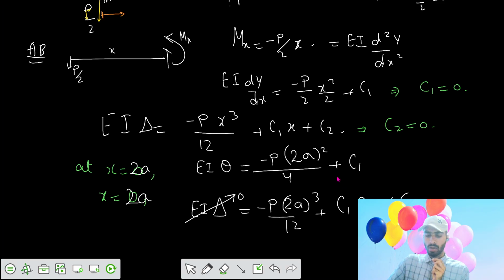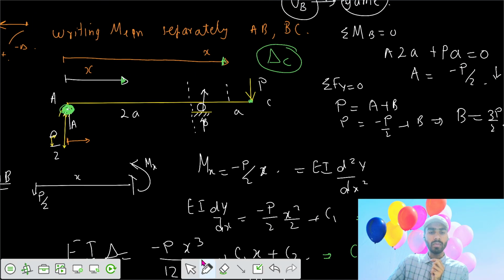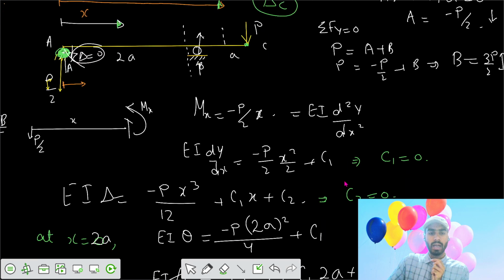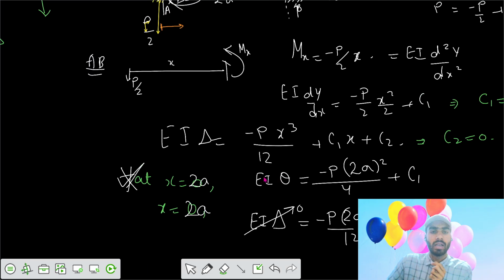If you go for the boundary conditions at x equals 0, there the deflection is also 0, the delta here is 0. Initially I wrote that theta was 0 at x equals 0. That was not true, that was the confusing part.